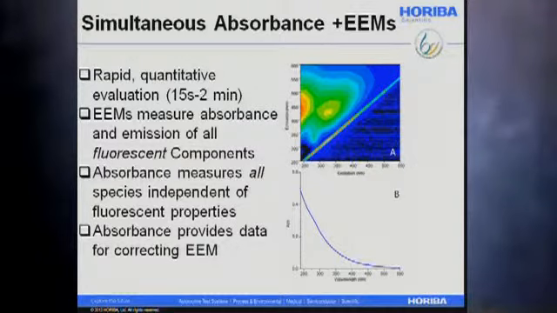So the importance of having these two things simultaneously is that the absorbance of light directly influences the spectral accuracy of the system. So we have to correct for the amount of light that's absorbed in the system and how this affects the fluorescence spectrum.